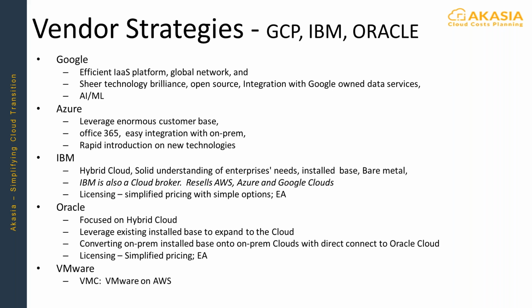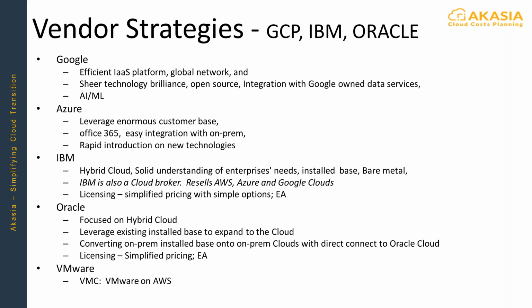Azure, enormous leverage of the installed customer base. Office 365 has been a phenomenal success, and they're also rapidly introducing new technologies. Very recently, ever since the new CEO has come, it is cloud first, and a lot of cloud-related activities going on there. IBM, very solid understanding of the enterprise, very focused on hybrid.